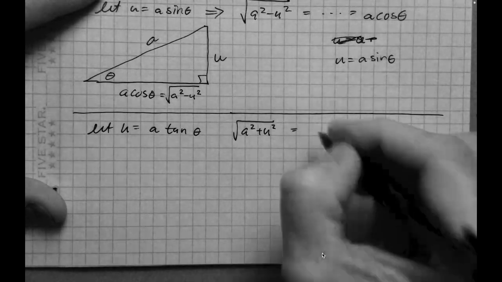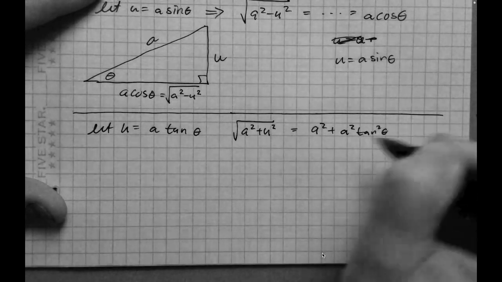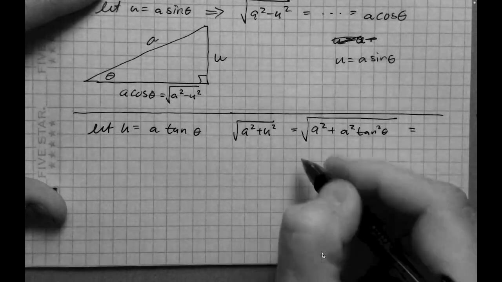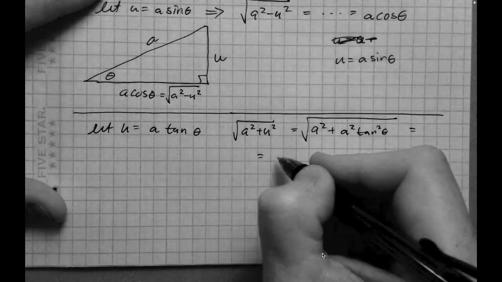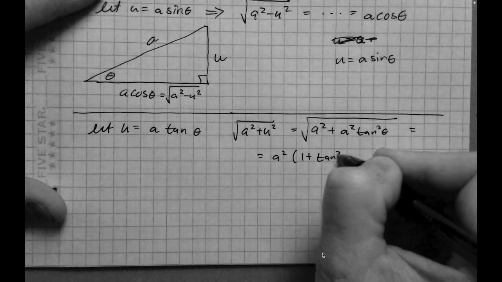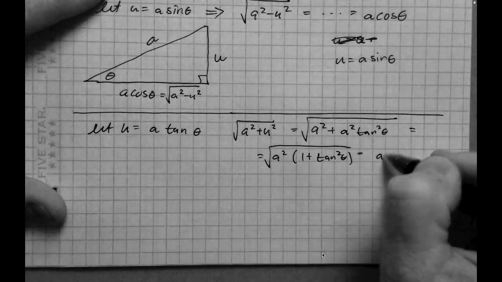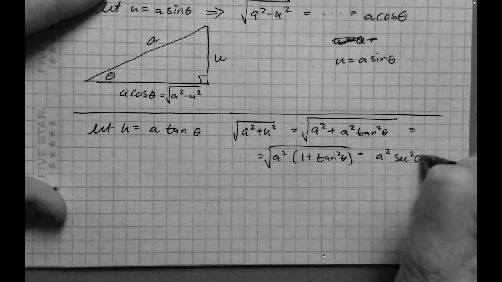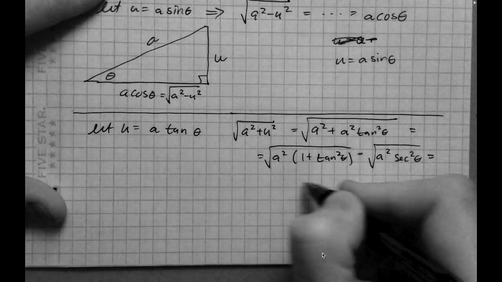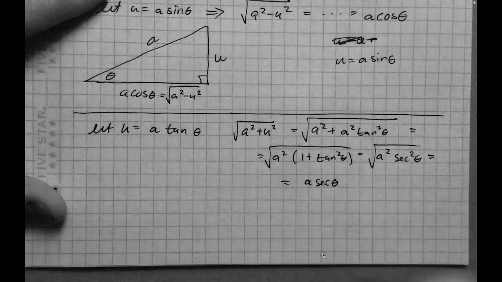And what we get is the square root of a squared plus a squared tan squared theta. Okay, and that's equal to the square root of a squared times 1 plus tan squared theta. And so, of course, you get the square root of a squared secant squared theta. And so you just get a times secant theta.